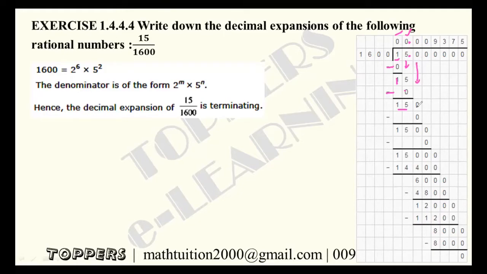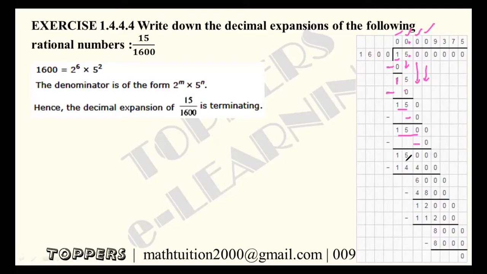So we'll get 150. In 150, how many times? 0. 0 times 1600 is 0. Subtract, we will get 150. Bring next 0 down. So we got 1500. How many times? Still 1500 is small, 1600 is big, so 0 times. 0 times 1600, we get 0.